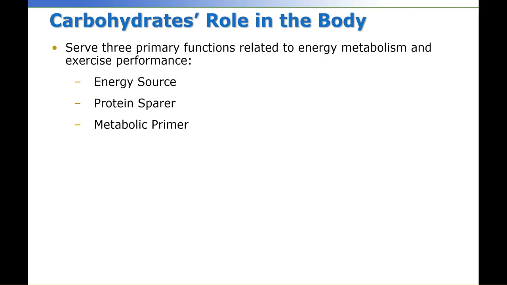Another thing, protein sparer: adequate carbohydrate intake preserves tissue protein. So basically, carbs spare protein degradation because the glycogen reserves, which glycogen is stored in muscle and in the liver, is used before the protein.